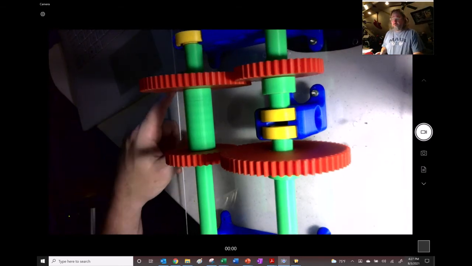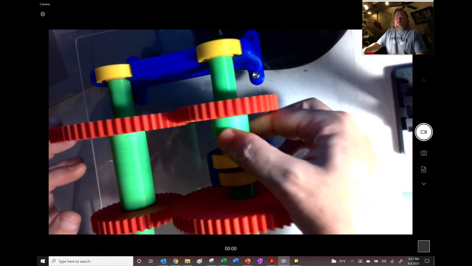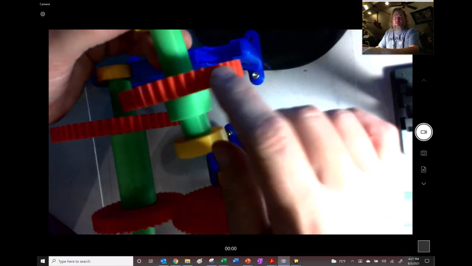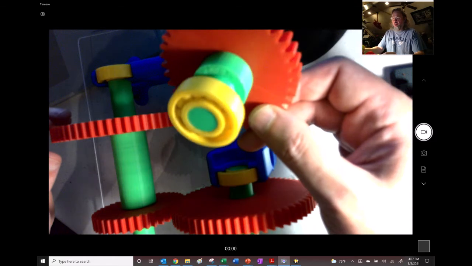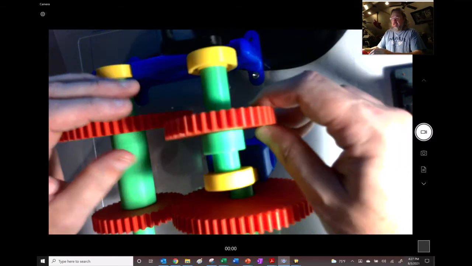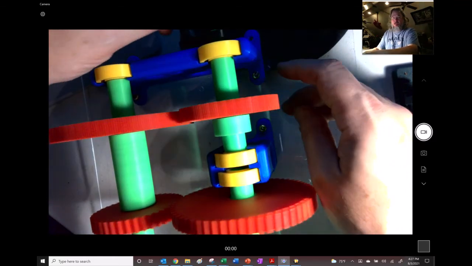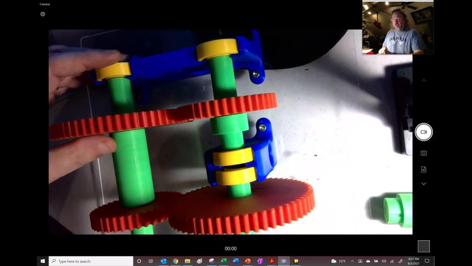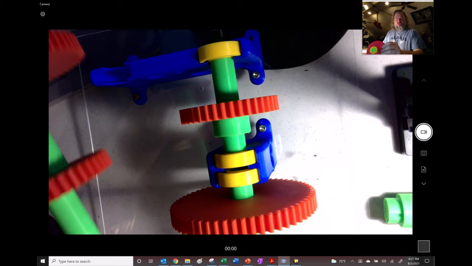Okay, so I 3D printed a representative two-stage gear. Because we discussed it a lot, it'd be nice to have one in our hands that we can hold. This is the input shaft, or at least I decided it was the input shaft. You see we have a small gear right there, and it's got bearings and a little handle that I put onto it, and it drives this larger gear on this other shaft, which has two gears on it.